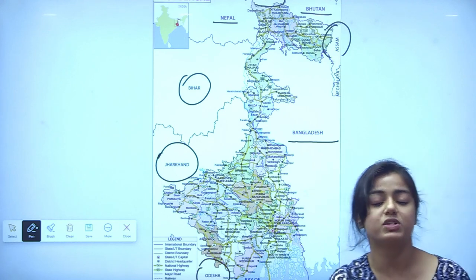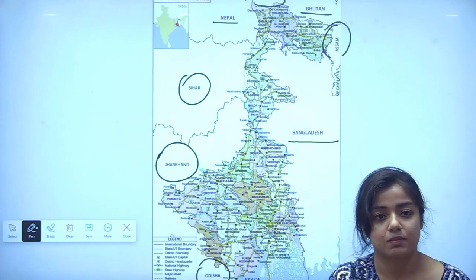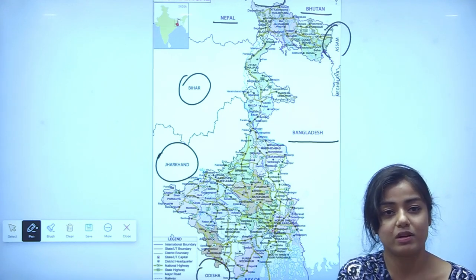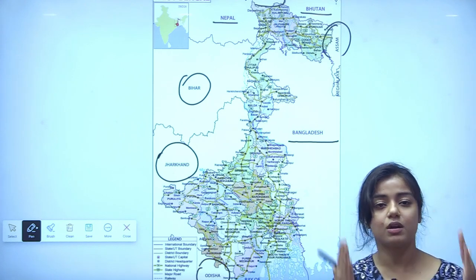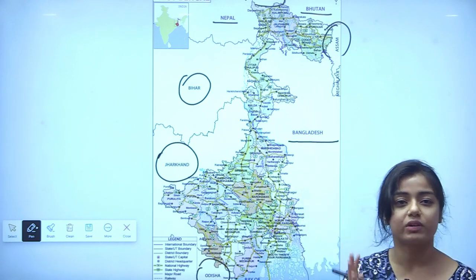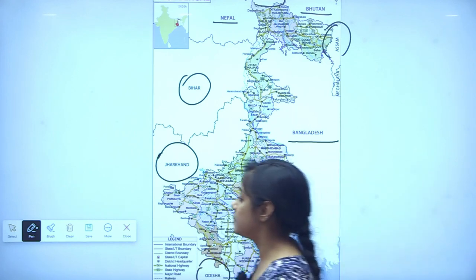Geography is a map-based subject, and the more you study geography using maps, the easier it becomes to recollect it, because maps get stored in our pictographic memory. So always study geography using maps.